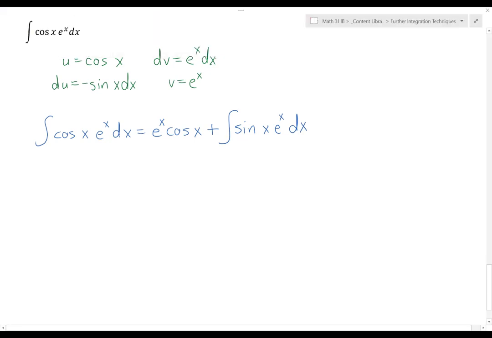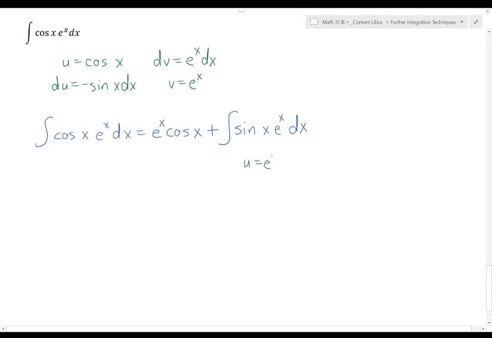Now, this is the important part. I could have chosen in the first case to make the trig u or to make it dv, and to make e to the power of x u or dv. But once I made that choice in the first use of the integration by parts formula, I have to do the same thing. So in other words, I can't suddenly decide to make u equal e to the x.